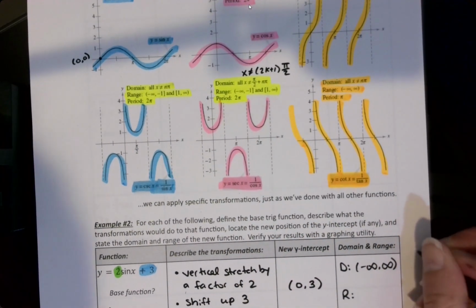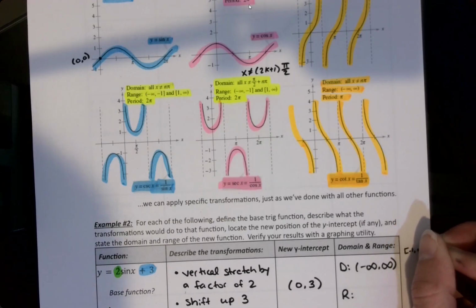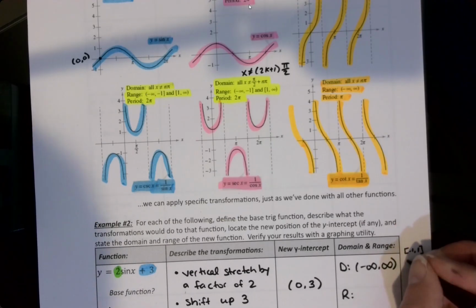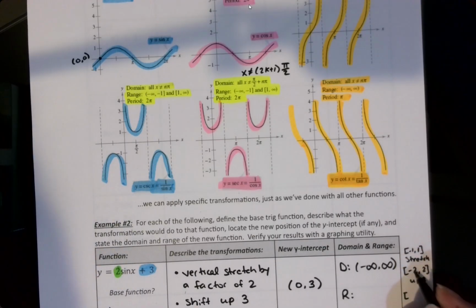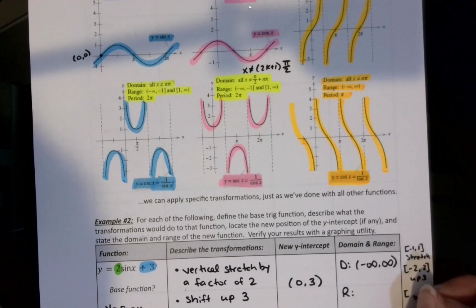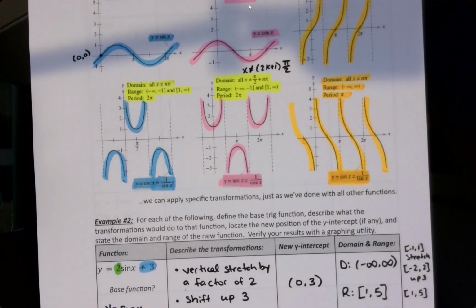So let me make a note about range over here. We had -1 to 1, and then we stretched. So it became -2 to 2, and then we went up 3. So -2 plus 3 would be 1, and 2 plus 3 would be 5. So that's why the range on this one is going to be 1 to 5.